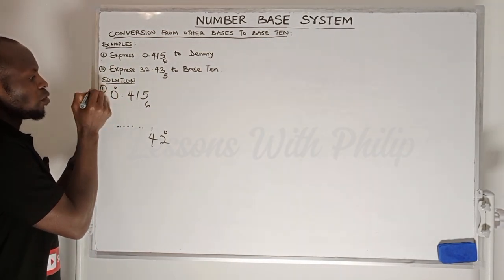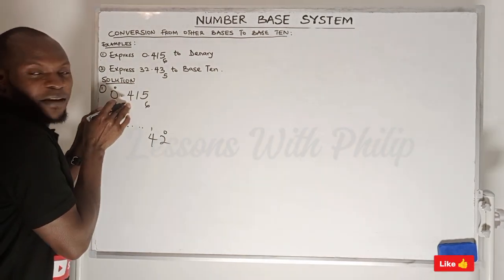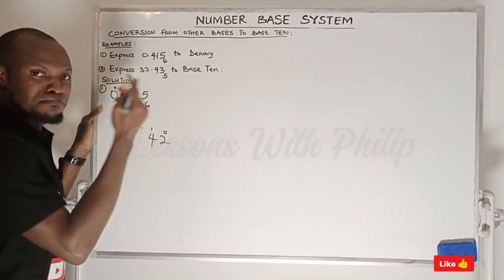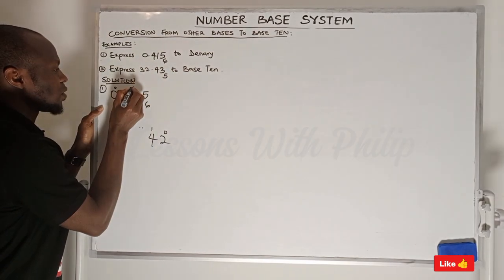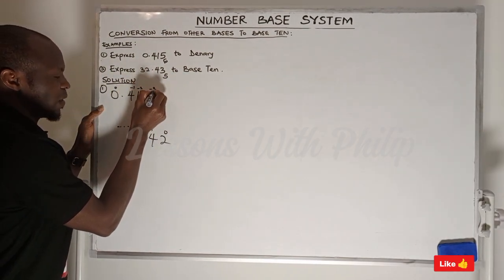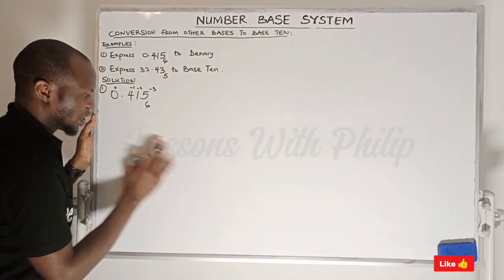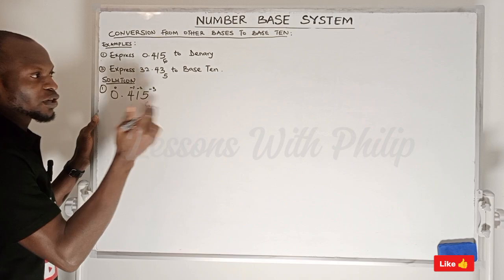If there are more numbers, it will be going like that, 1, 2, 3, 4. While the numbers after the decimal will be given minus. So this will be given minus 1, this minus 2, this minus 3. All right? That is how it goes. If you understand that, then you can proceed.